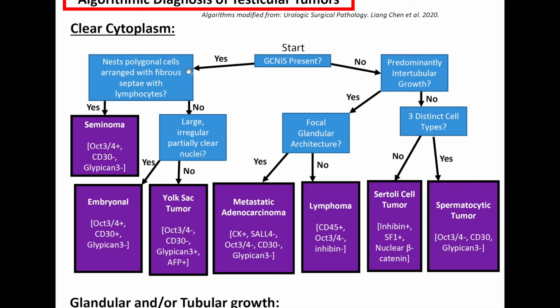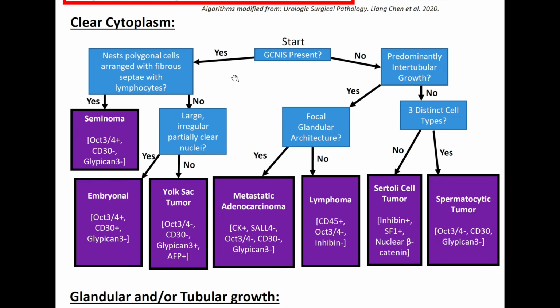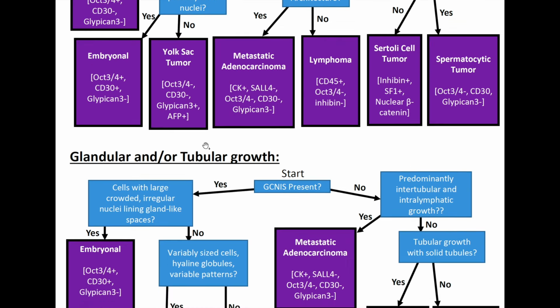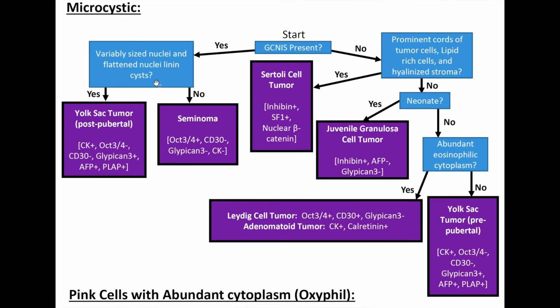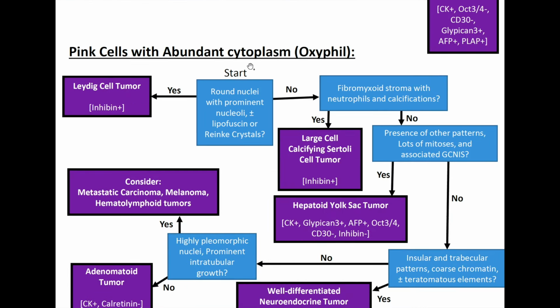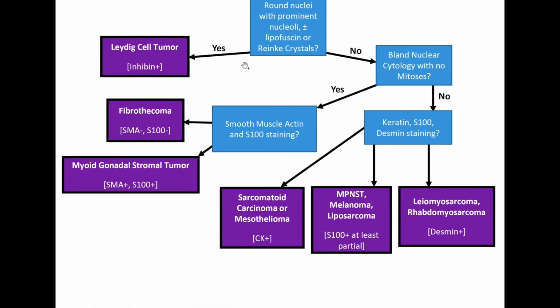The more we use this, the more we work up these entities, the more second nature it's going to become to make these proper diagnoses for our patients and ultimately get them the care that they need. These algorithms are broken up into clear cytoplasm entities, glandular and/or tubular growth, microcystic, and pink cells with abundant cytoplasm or oncophilic appearance.